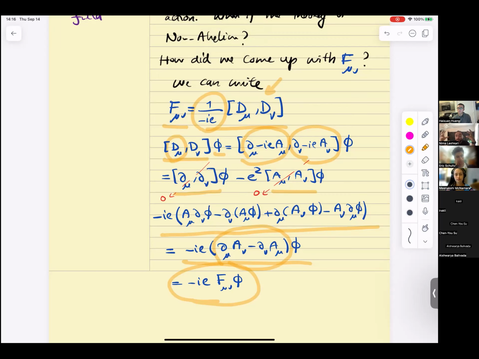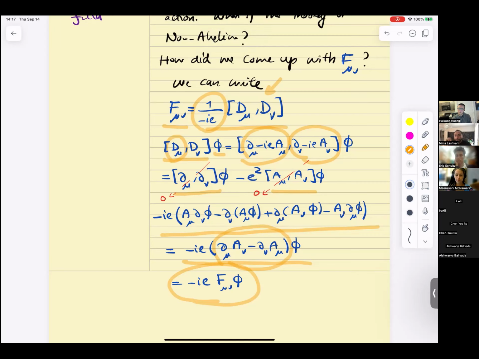In the case of electromagnetism, we just guessed F mu nu. It was a tensor written only in terms of E and B, and it was the right thing that under the variational principle generated Maxwell's equations.